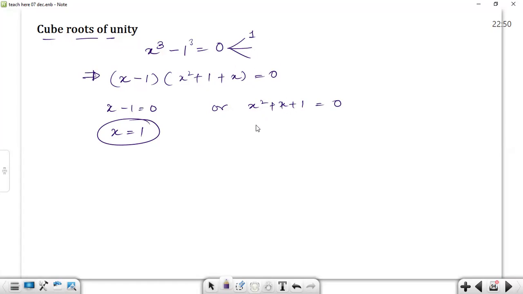If we apply the Sridharacharya formula here, if you remember from the quadratic equation chapter, its formula is minus b plus minus square root of D, which is b square minus 4ac, divided by 2a. Now, what are a, b, c here? Can anyone tell me?